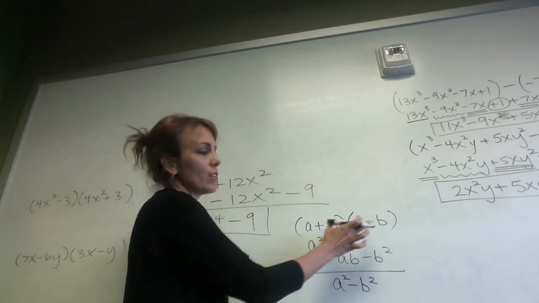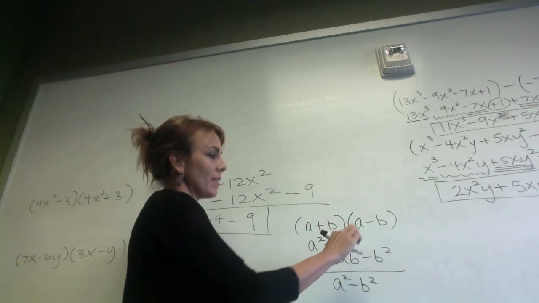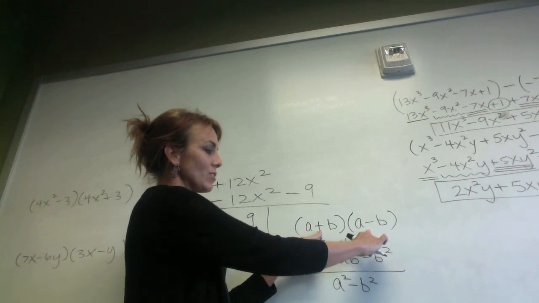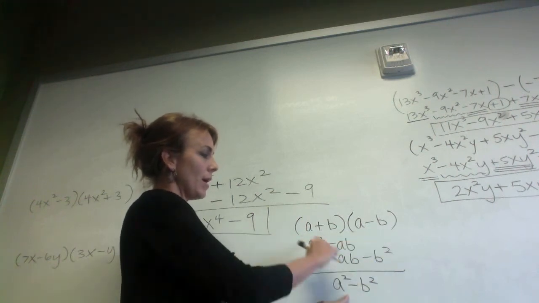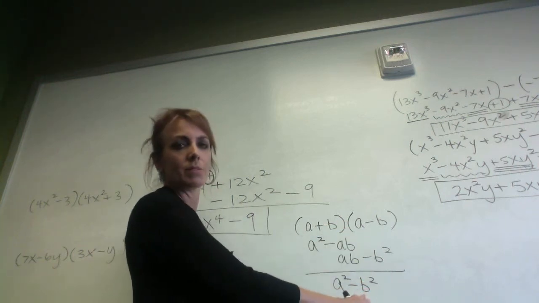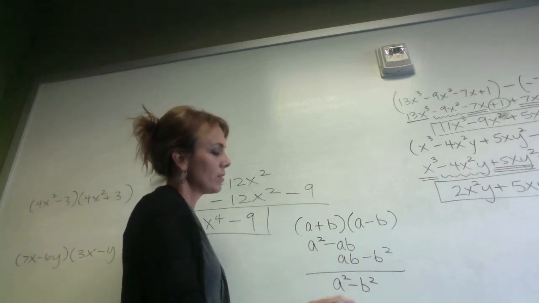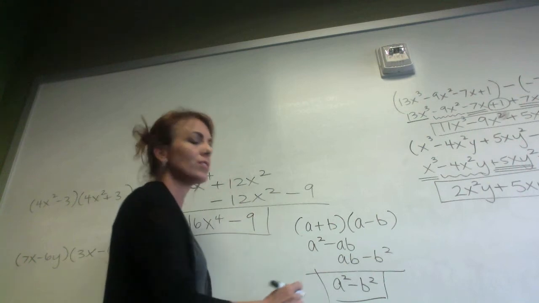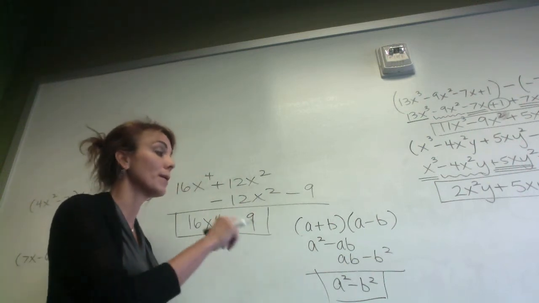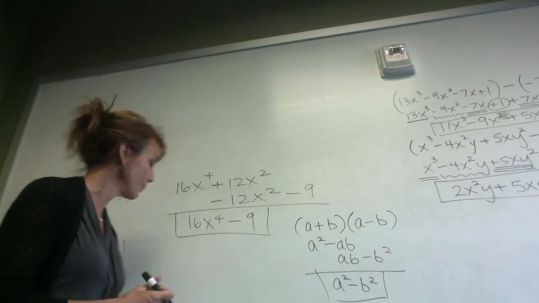So if you've got two binomials with the same terms but different signs, you're always going to end up with the first term squared minus the second term squared, always. So that's a worthwhile pattern to commit to memory. You can always multiply it out, but you're always going to get this answer.